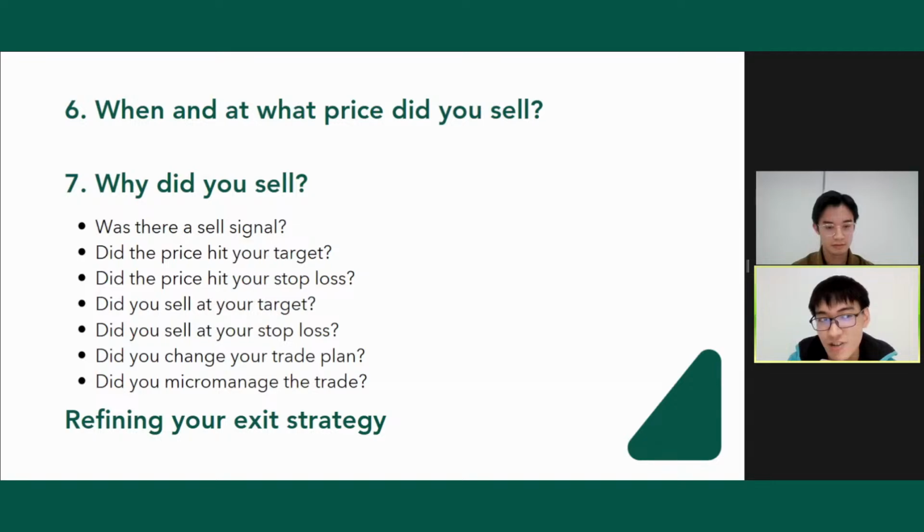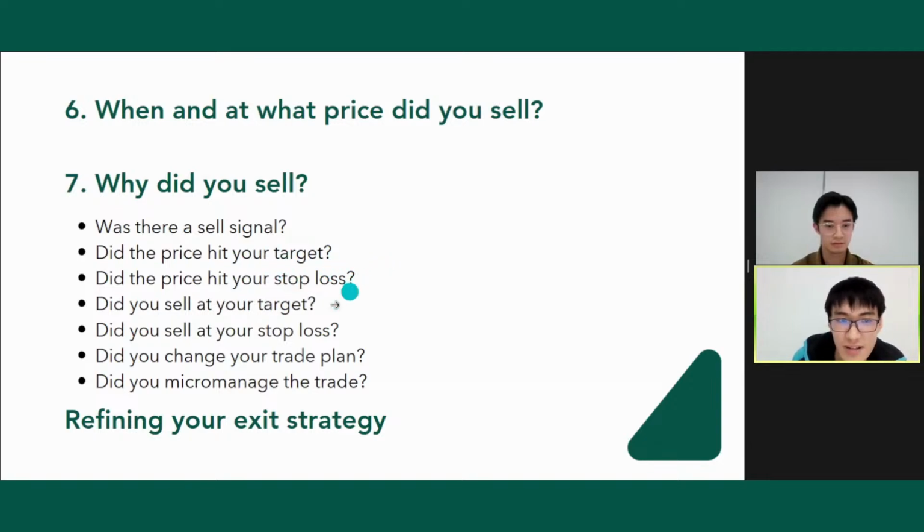Did the price hit your target price? Or did it hit your stop loss? So there are probably just two, right? Either price hit your target and you won, or price hit your stop loss and you lost. Or it's also possible that price hit your entry price and you were stopped out at break even, right? So those are the three reasons why you would sell.